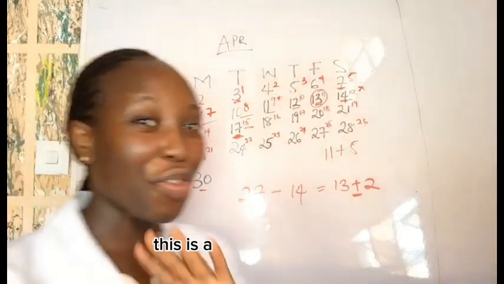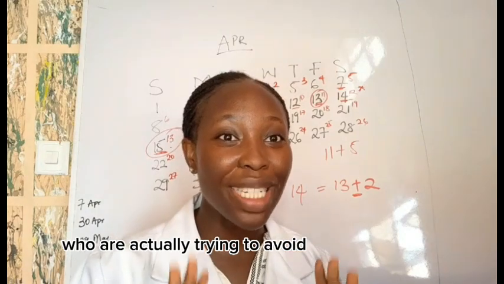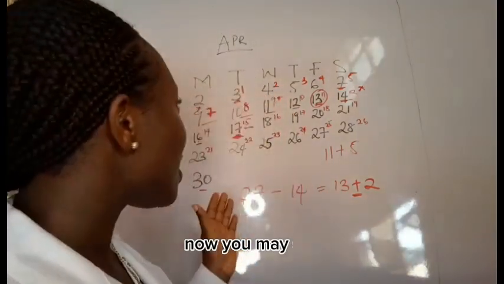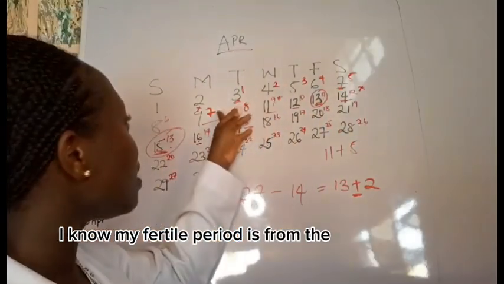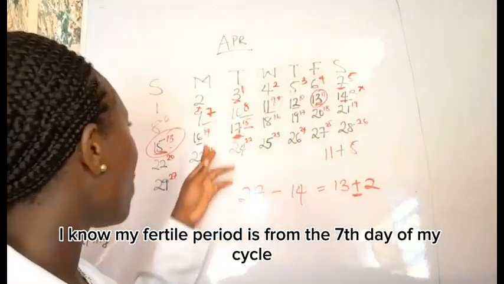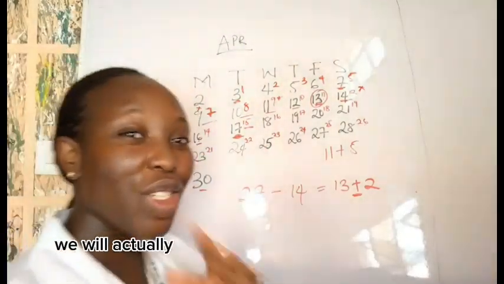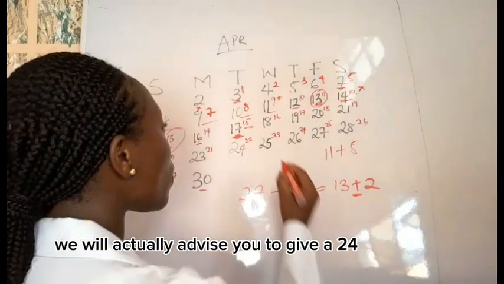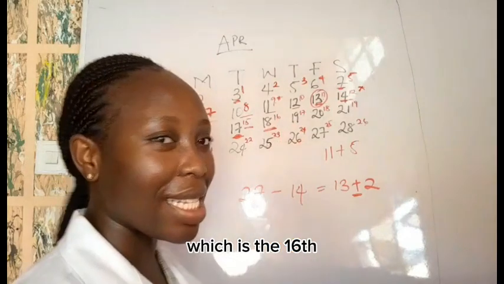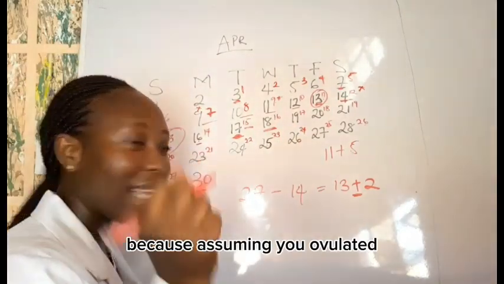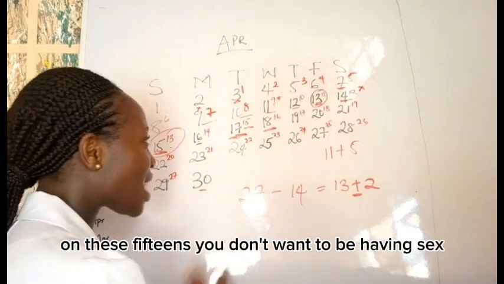Now, this is a free tip for people who are trying to avoid getting pregnant. Now you may say, I know my fertile period is from the 7th day of my cycle to the 15th day of my cycle. My sister, we will advise you to give a 24-hour grace, which is day 16th, because assuming you ovulated on the 15th, you don't want to be having sex.